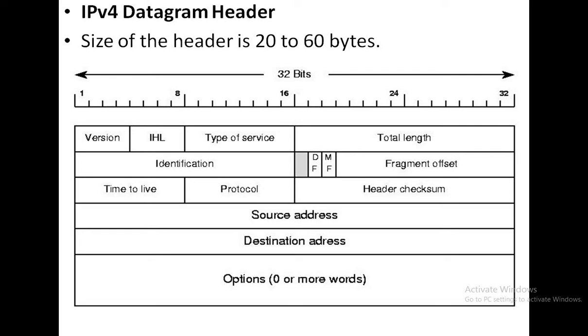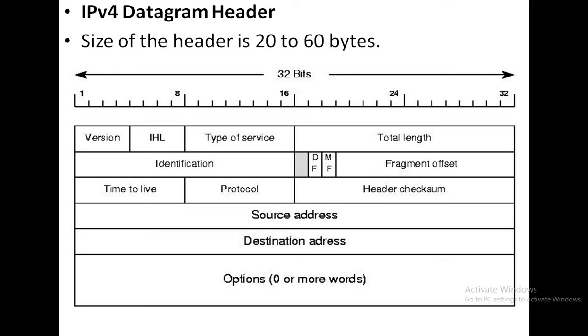D is the minimize delay bit, T is the maximize throughput bit, R is the maximize reliability bit, C is the minimize cost bit. So these 4 bits are defined under the type of service.